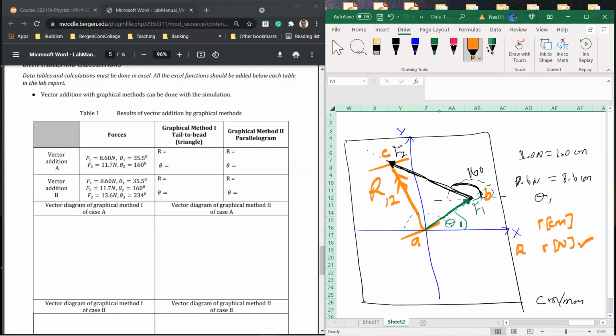The magnitude of the vector R12. Then we need to find the direction, because you can't specify a vector by magnitude alone. You always have to tell the direction too. For direction, I can measure this angle right here, from the positive x to the line AC, using the protractor. That will be our theta.